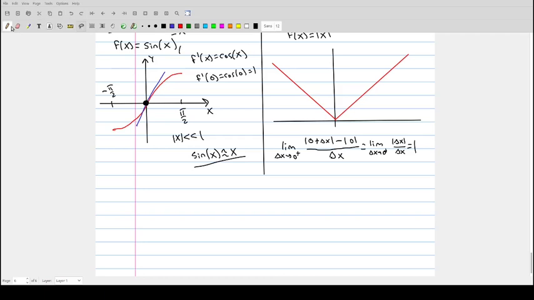So the derivative of this function on the right side of the point x naught equals 0 is 1.